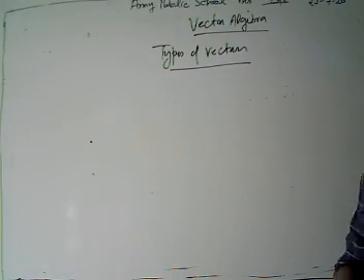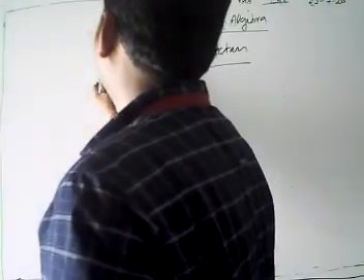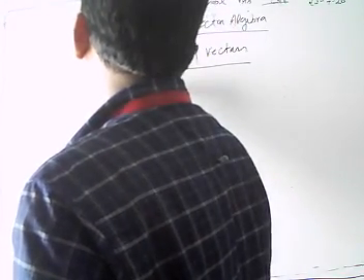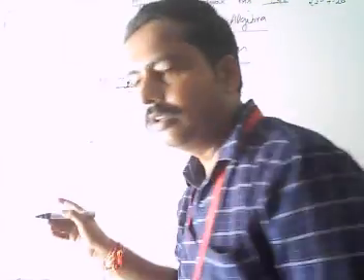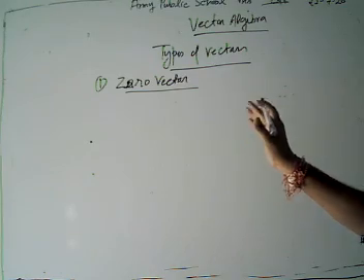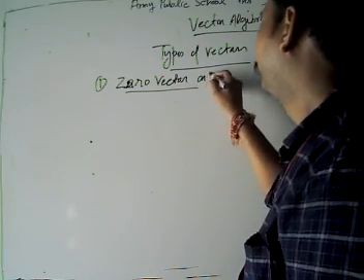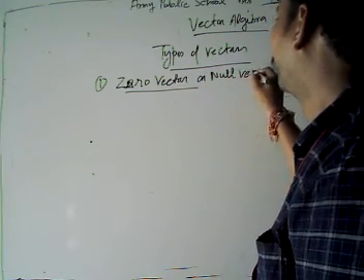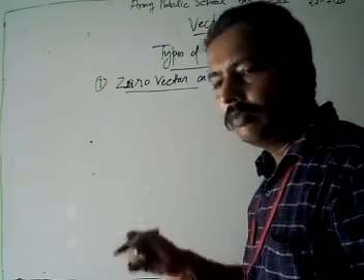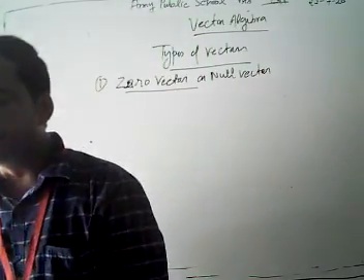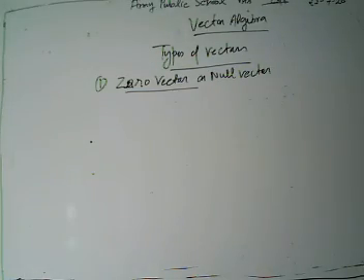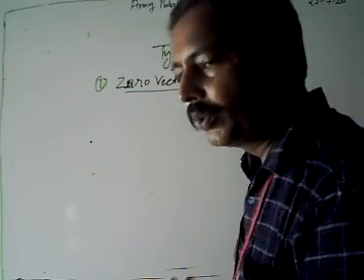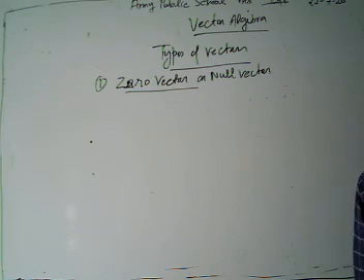Look, first we take the zero vector, also named the null vector. What is our zero vector? A vector whose initial and terminal points coincide.